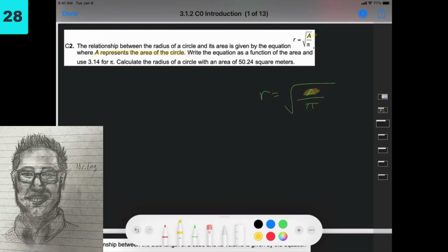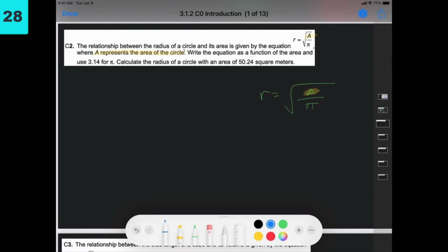Okay, so they want us to do 2 things here. They first want me to write the equation as a function of the area. Basically all that means is they want A equals. How do I kind of change this around? So how do I solve for A? So I'm going to get rid of this thing, so power of 2. So you're going to have r squared. This cancels, and the square root with the index cancels.